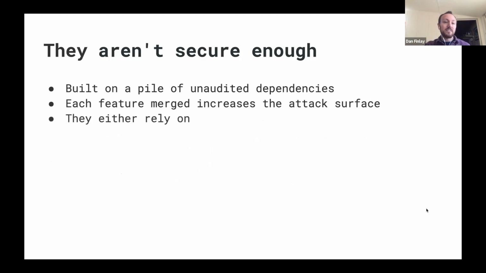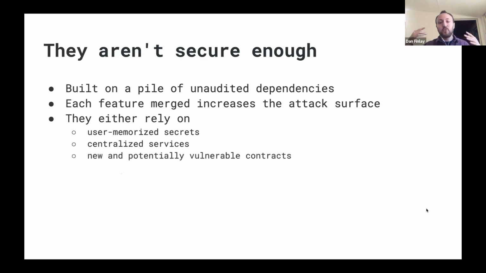And wallets today, they're either going to rely on a user memorizing secrets, some centralized service to assist in backing up the user's accounts, or some new and potentially vulnerable contracts. And while I'm a huge fan of things like formal verification, I think there has to be an amount of user choice and personal, deliberate desire for the risk that comes with using a new kind of account.